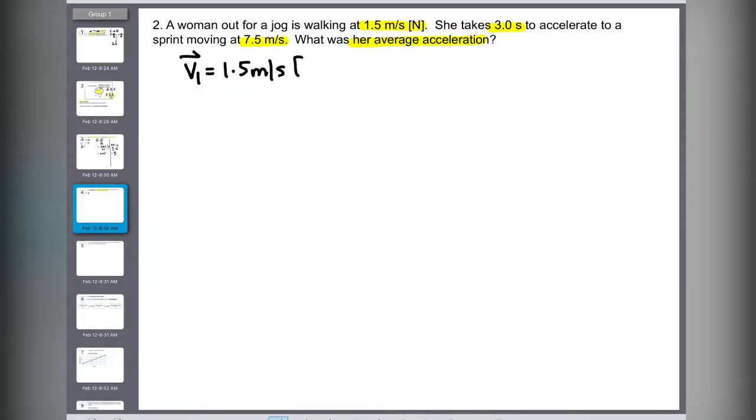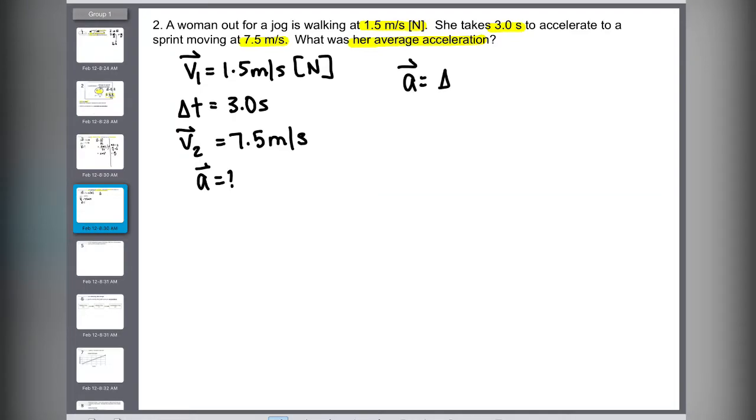That is when she started, so this is actually the V1, the speed she started off with: 1.5 meters per second north. It takes her 3 seconds. Things that are measured in seconds are your time. To accelerate to 7.5, that's another speed. What speed is it that they're talking about now? V2, the final speed. What is her average acceleration?